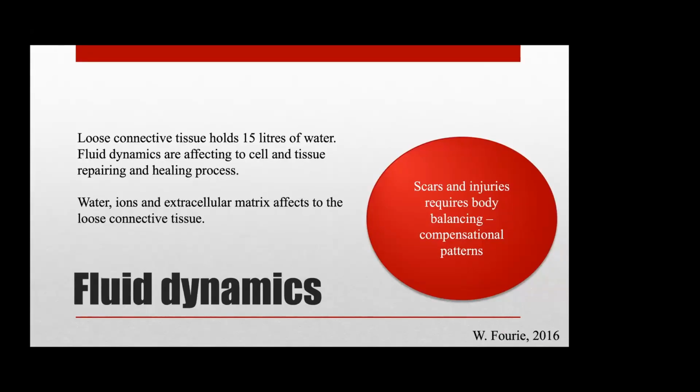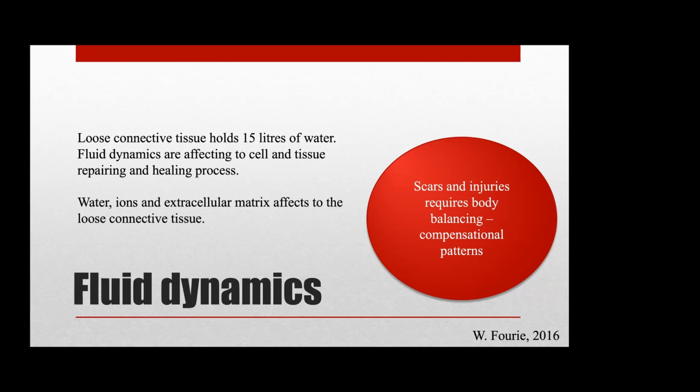And fluid dynamics is also very important if we are looking at the loose connective tissue, because it is holding 15 liters of water, and all of this water which is going inside us is affecting the cells and tissue repairing and also the healing process. So when we are having scars and injuries, the whole body is trying to balance the thing.